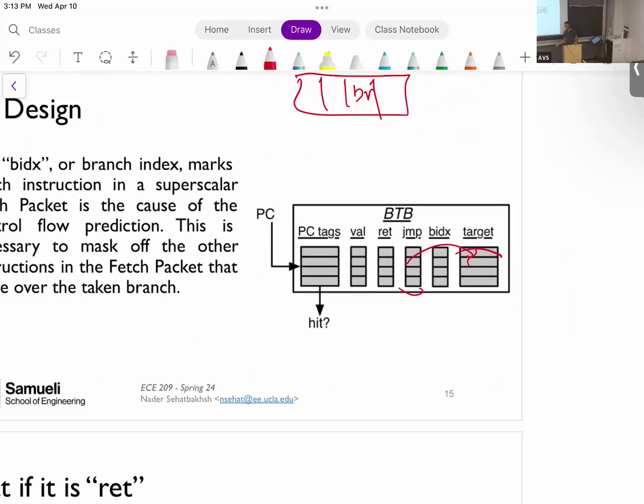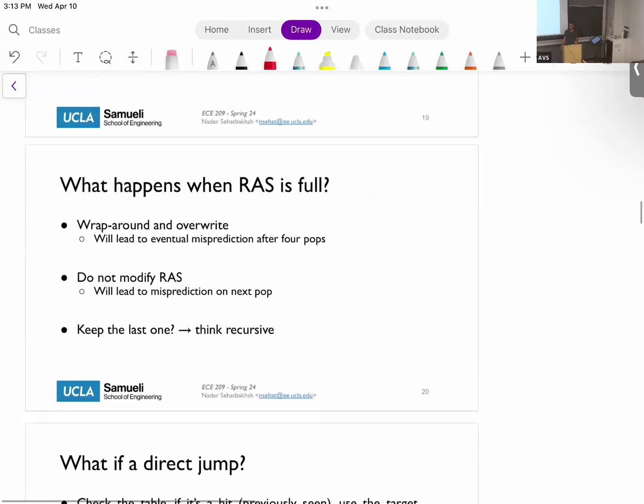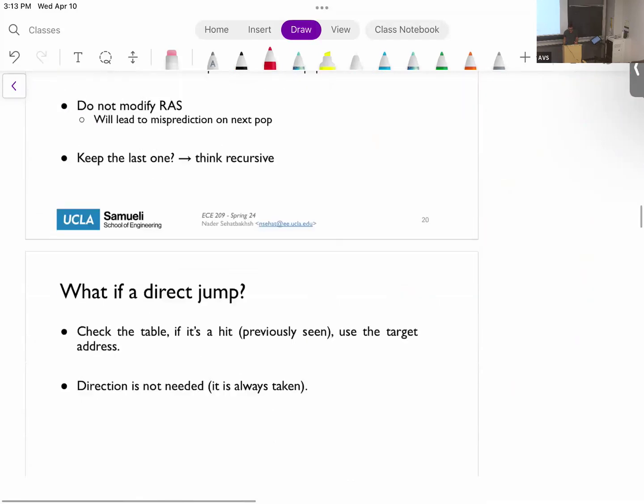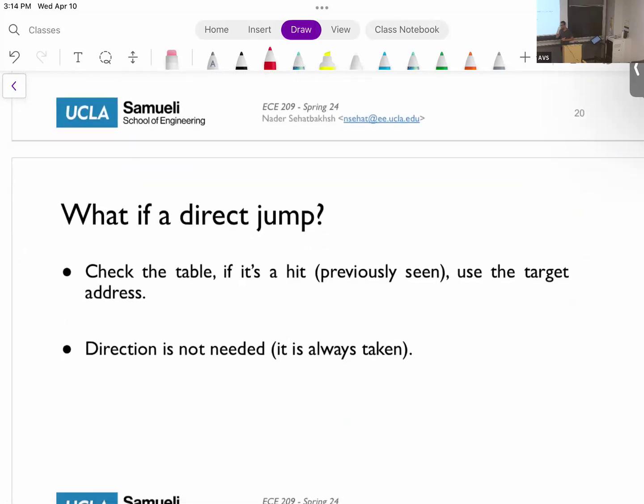That's why this works. For indirect branches, this is not a good idea though, right? Because you can have many, many different addresses. But again, who cares? It's just a misprediction. And by the way, there are actually methods for indirect branches as well, which we're not going to talk about. But just keep that in mind.